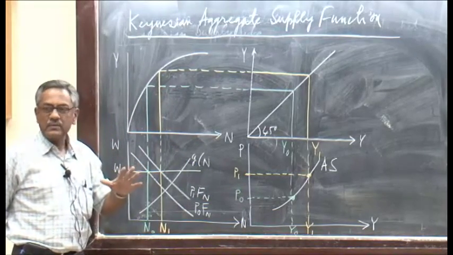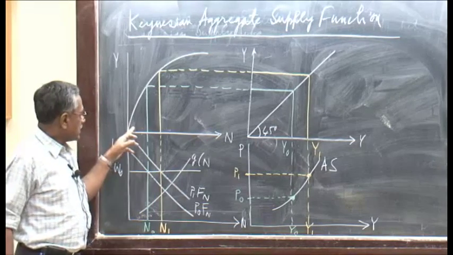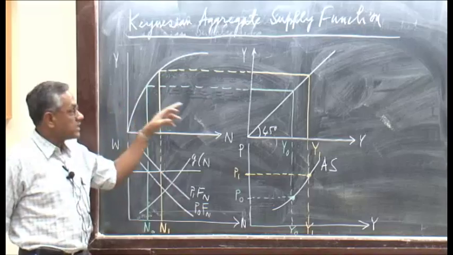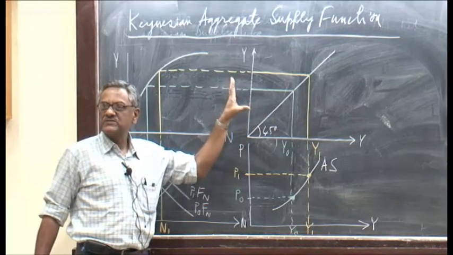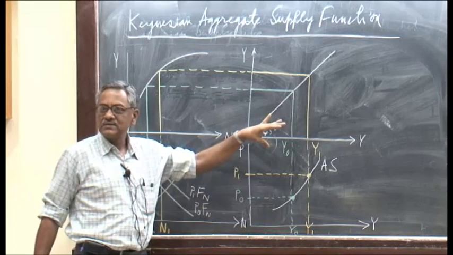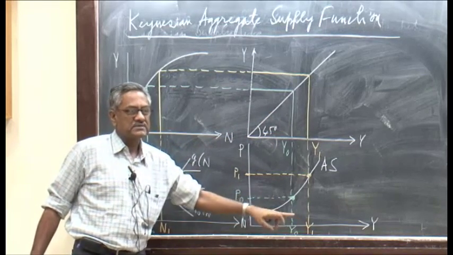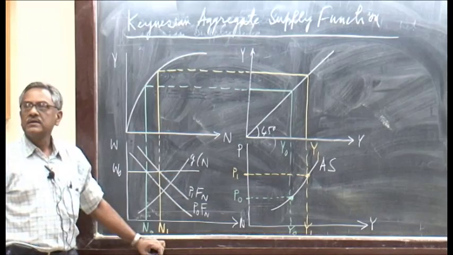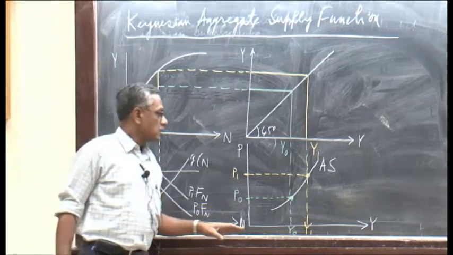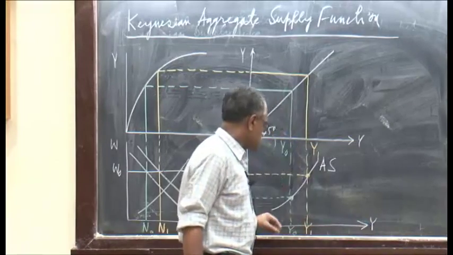Because supply and demand of output or good is on the x-axis, while the production function has it on the y-axis, I require the 45-degree line here to translate the y-axis value onto the x-axis. All right, everybody got the diagram? Little bit left. Now, note a few things here, very important.